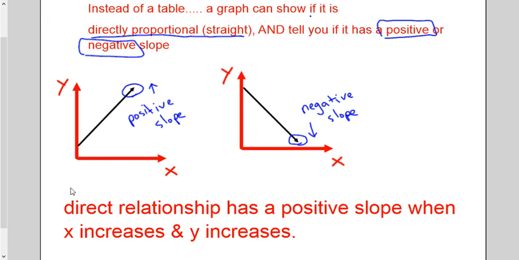In our very first lesson, in 7.1, we learned about direct relationships, and we said it has a positive slope when the x values increase and the y values increase. So let's take a look at this. Let's put some values on this x-axis. This one will be 0, let's make this 1, this one 2, this one will be positive 3.